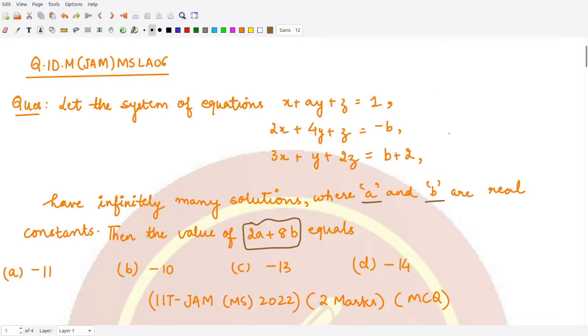It is given that this system has infinitely many solutions. So if you determine the values of A and B, you can easily tell the value of 2A plus 8B.